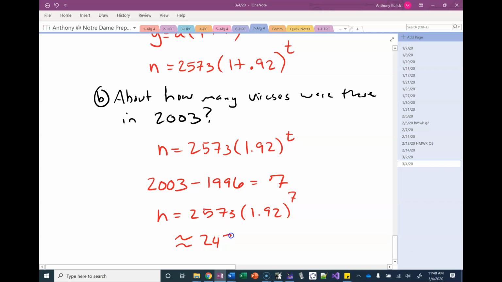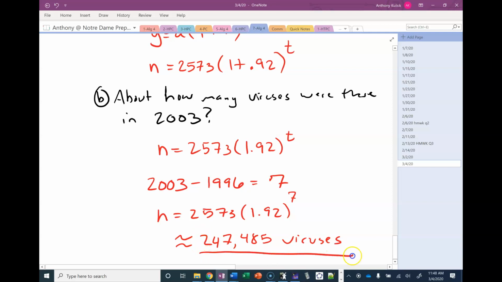Well, it says about, so we should round. And it's hard to have half of a computer virus, so rounding to the nearest virus seems to make the most sense there. Are we all okay there?